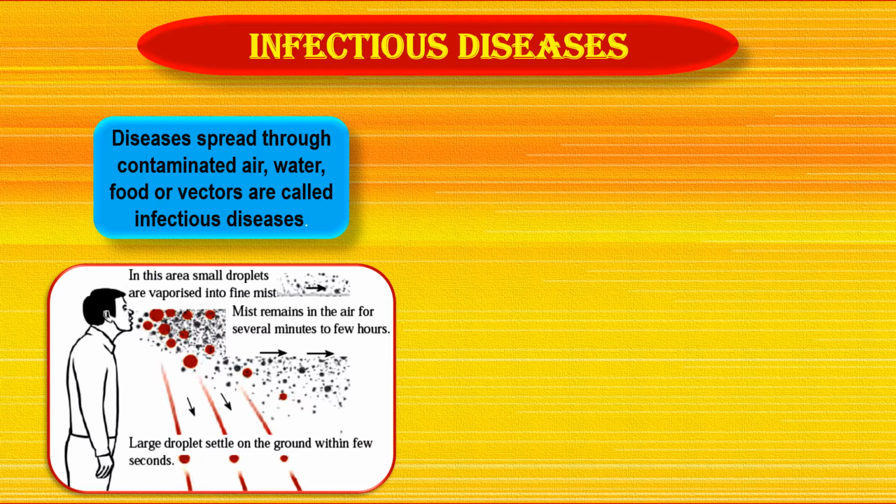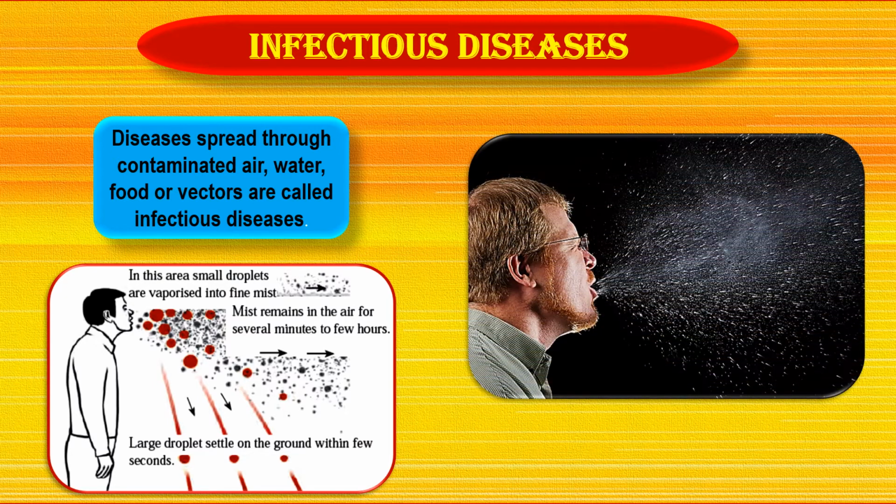And therefore, anyone coming within that radius of wherever his spit or sputum has gone is exposed to infection. See how when you sneeze, what happens? A person within that radius is going to get infected if this person is suffering from some disease. So this is infection through sputum or saliva or spit.